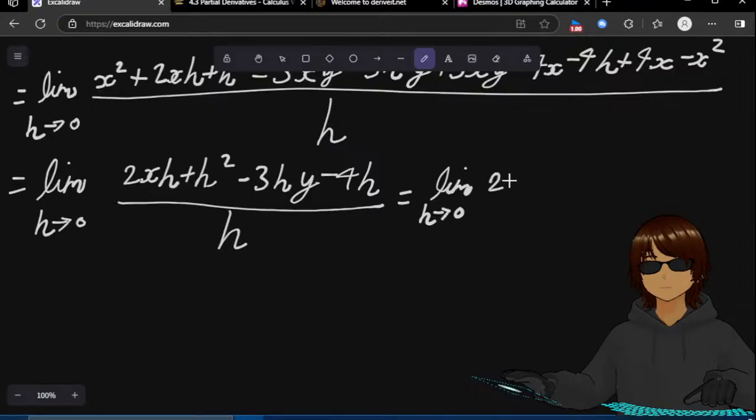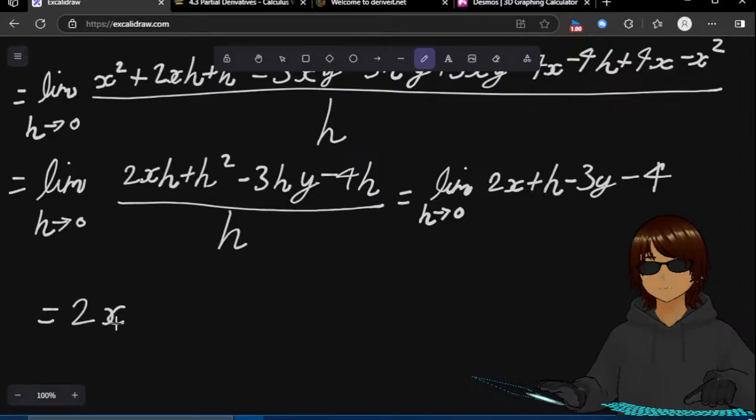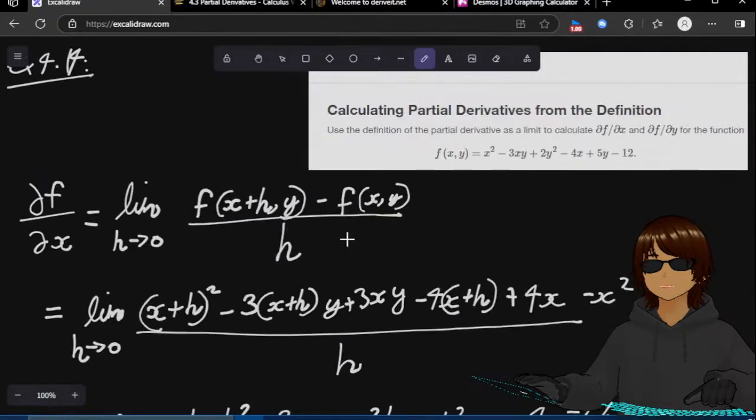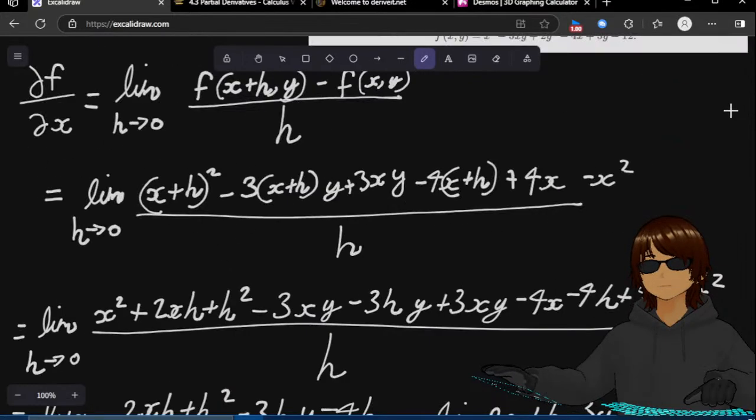And then we are left with 2x plus h minus 3y minus 4. And then as h approaches 0, we are left with 2x minus 3y minus 4.